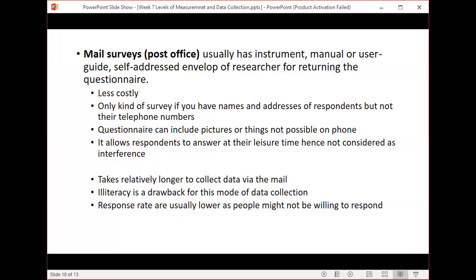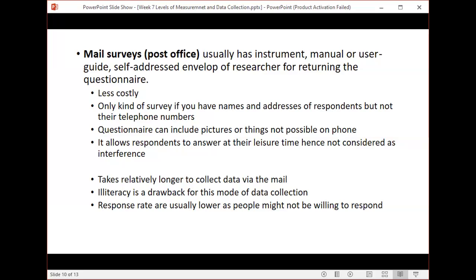Okay, these things work a lot in the advanced countries. You get your mail, you open it, it's from one company asking you to fill ABCD. You do that, you send it back to them because they'll put a self-address, something you can just post and put back in the mailbox, and then they'll come and pick it up, right? And so that is the mail survey.